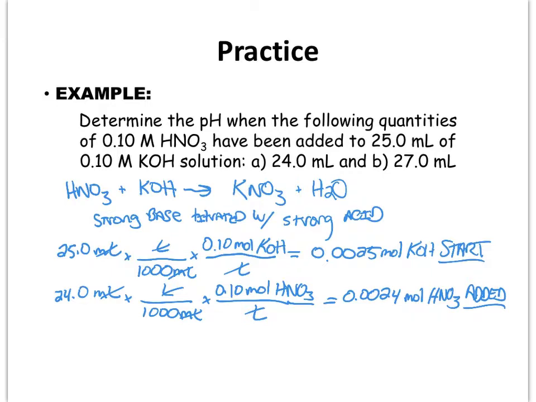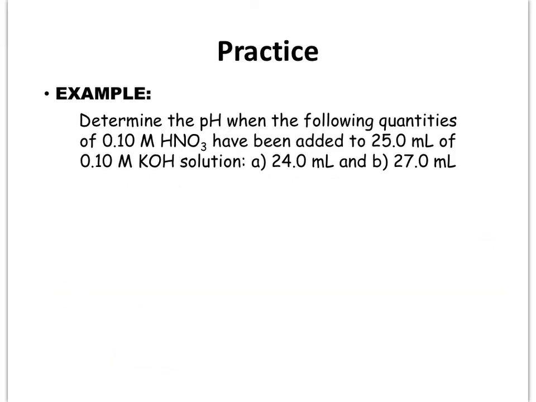So essentially here, think about what's actually taking place. Remember, from this particular reaction, this is a 1-to-1 ratio. Okay, so if I'm adding that many moles of acid, I am destroying the same amount of base. So as I keep going here, I know that I started with 0.0025 moles of the base. I added 0.0024 moles of the acid.